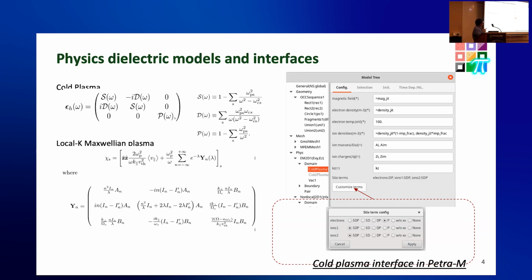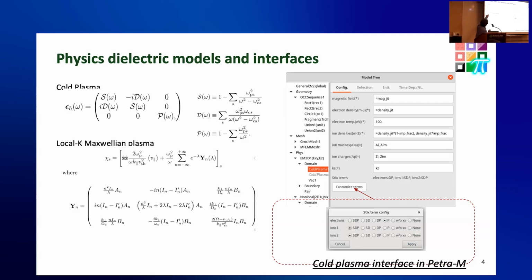That is important because even when we say plasma, the dielectric response of the plasma can follow a variety of response models with different complexity. Here on the top is the so-called cold plasma response. This is something which 95% of people use when doing FEM simulation of the waves.